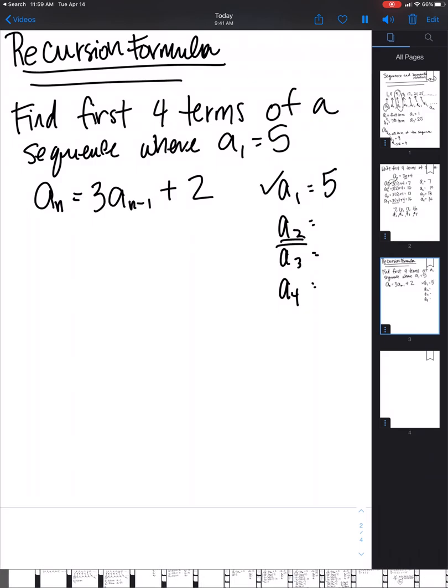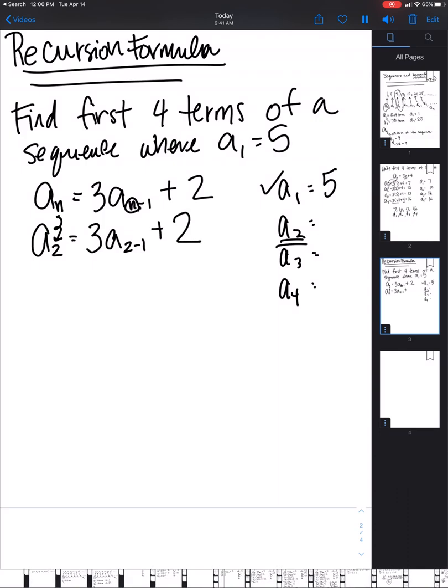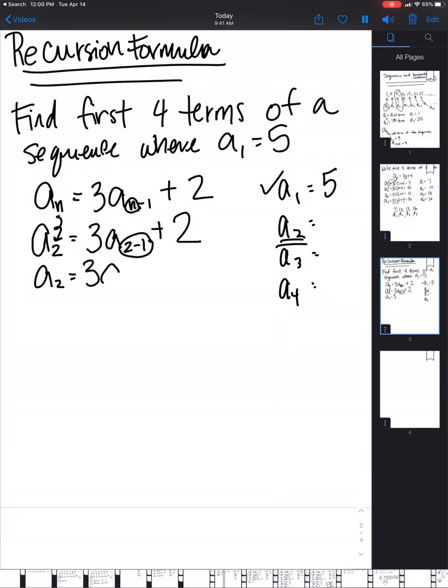If I want to find A2, what is N? N is 2. So A2 equals 3 times A, and we put 2 for N, so 2 minus 1, plus 2. 2 minus 1 is, everybody say it together, 1, so A1 plus 2.